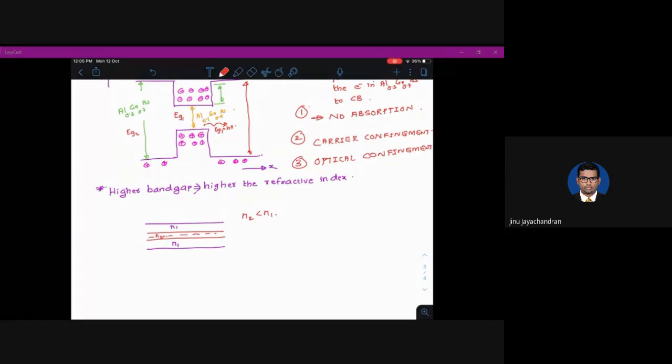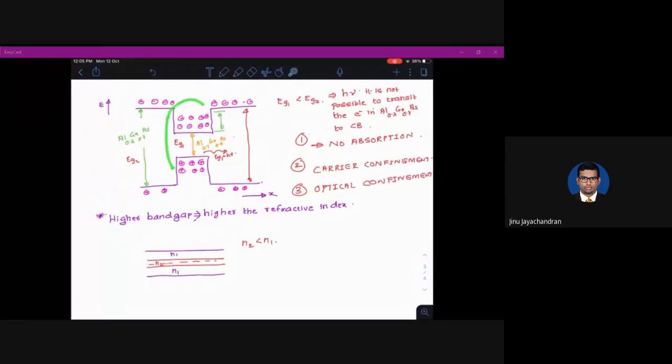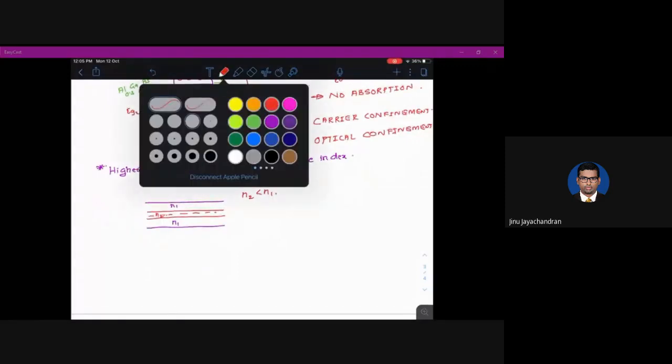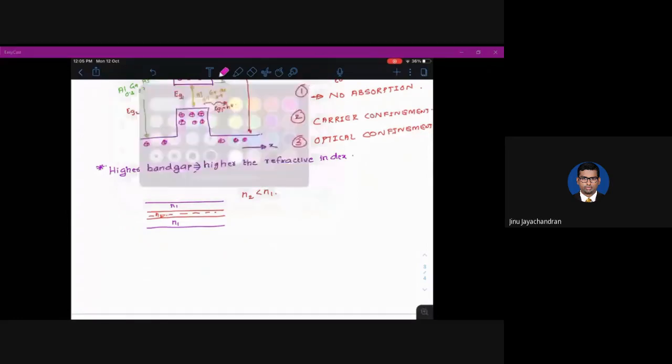So the active region is this one, and this is the outside region, which has the higher band gap. So what happens is the possibility of total internal reflection is very high. The light emitted will come like this, strike the boundary, come back and move along this structure and come out of the active region like this. Similarly, it can come out from this side. So it will be totally internally reflected.